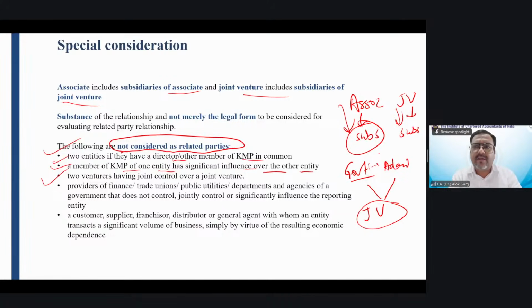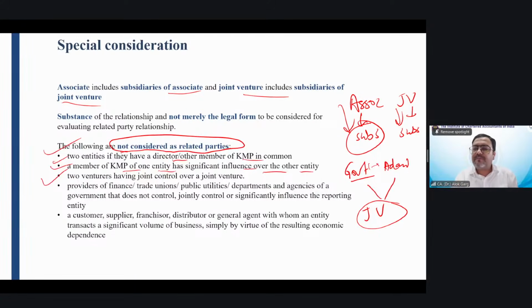Are these entities related parties? Whether Adani becomes a related party to the government or the government becomes a related party to Adani? No. Simple, two venturers. Have you understood venturer and venture? Venturer means who invests. Venture means in which the investment is happening, right? So when the joint venturer is an upstream entity, the venture is a downstream entity.